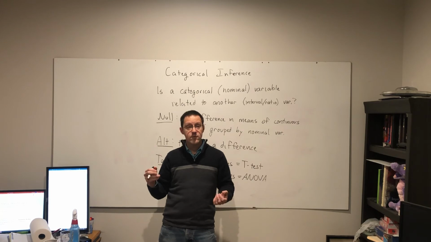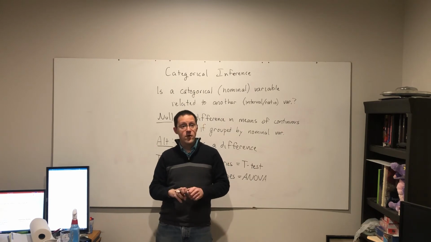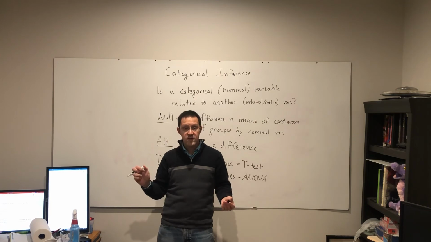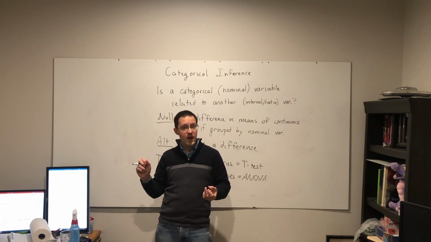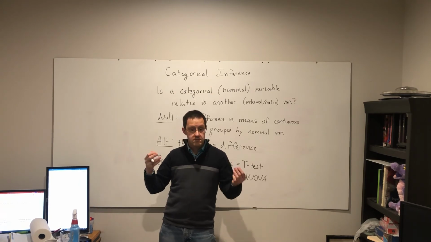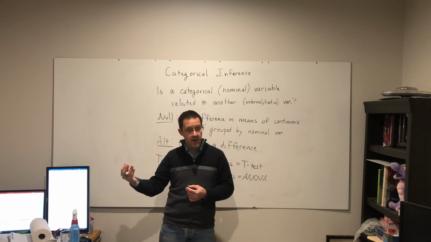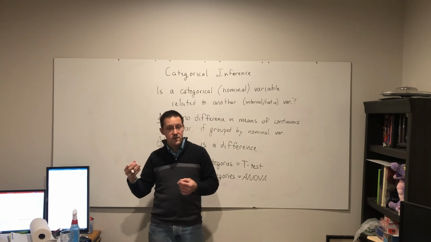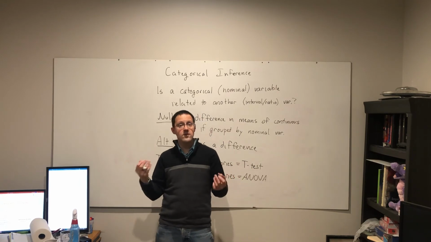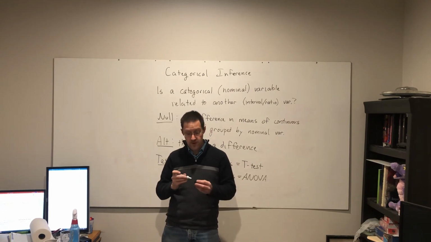So if we're looking at the example I gave earlier in the video of income values broken down by race, African American, Caucasian, Hispanic, Asian, there are more than two categories, therefore we will need to use ANOVA for that situation.